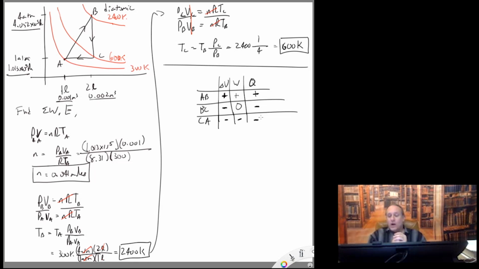Okay, great. So I only want to find the Q input, and that means I only need to find QAB. So I only need to compute that one thing. However, what would we call process AB? What type of process is that? It's not one of our four processes, is it?